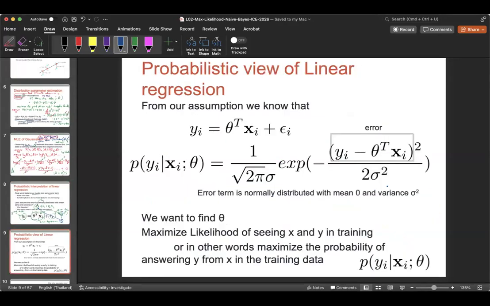So what does this mean? It means that we can actually infer the distribution of y given x, given the input.